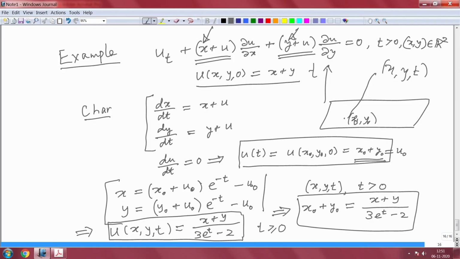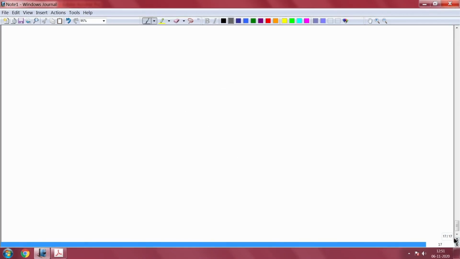Now, let me again from this move on to the fully nonlinear equation. Of course, even in 2 dimensions you have seen this is quite complicated. It required the introduction of more geometrical objects like Monge cone, characteristic strips, and so many other things.